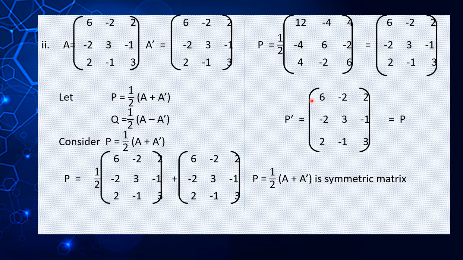When we take P's transpose, it would also be equal to P. So we can write that P is equal to half of A plus A transpose, which is a symmetric matrix.